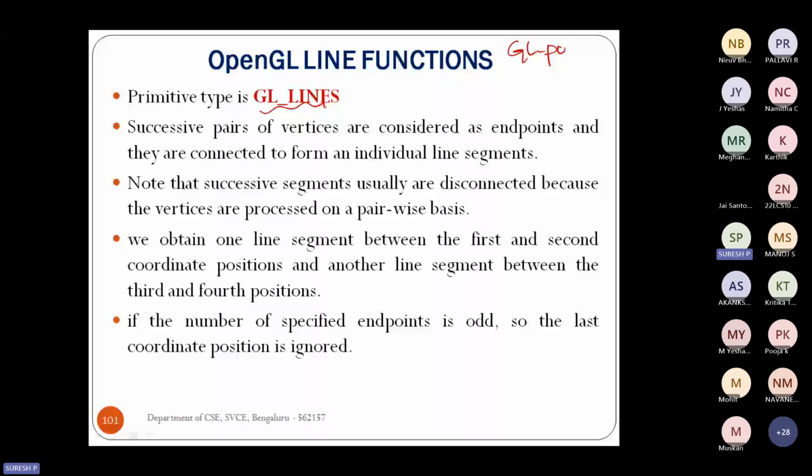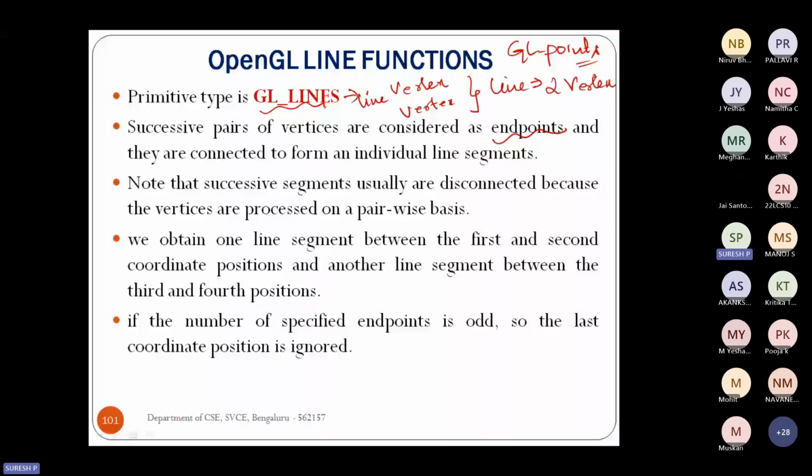Whenever two vertices are given, they are considered as endpoints, because GL_LINES is going to place a line. If you want a line, how many vertices do you require? Two vertices.